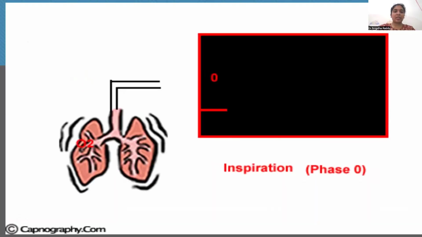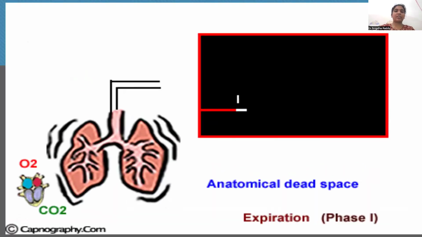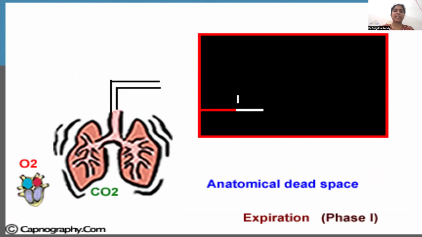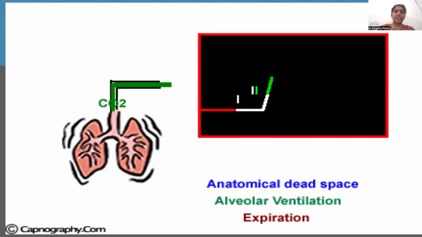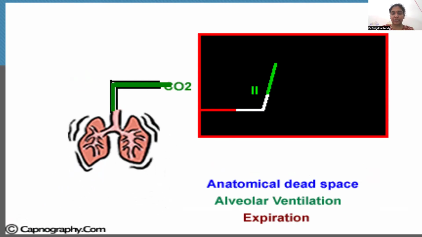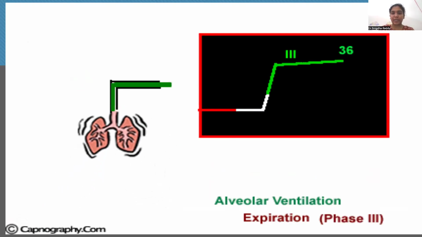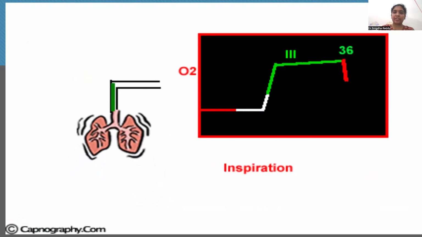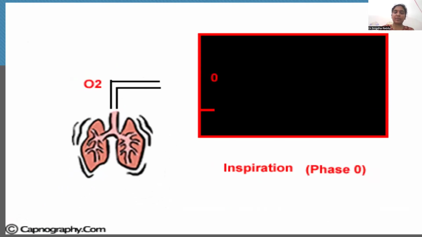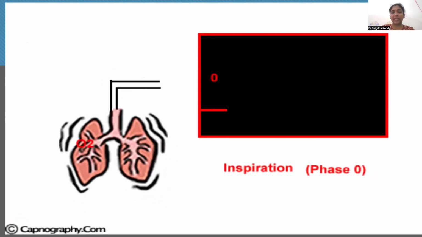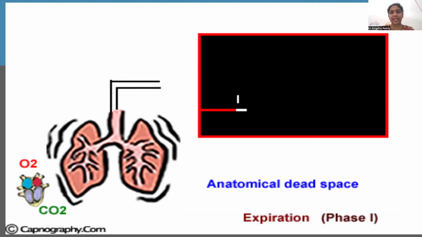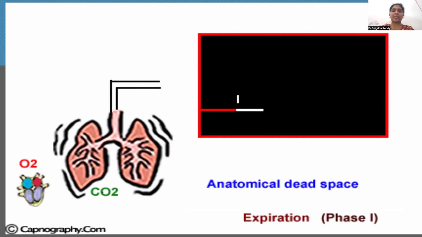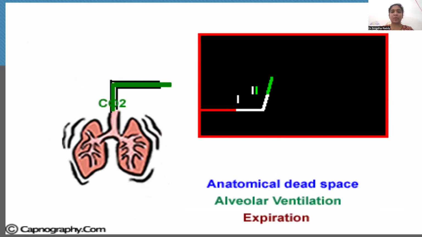So this shows during phases of inspiration and expiration how the capnograph generates. See, this red line shows the start of inspiration and the white line shows the transition from inspiration to expiration. So during inspiration, as there is no carbon dioxide, it is baseline, it's 0.